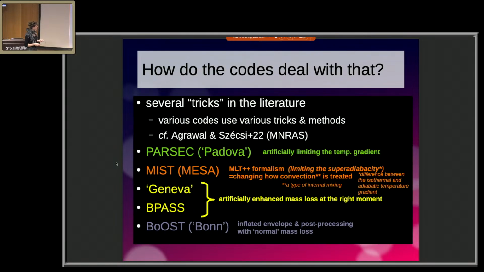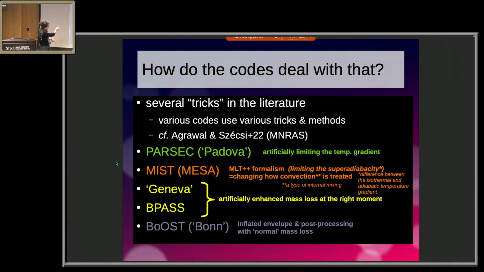So how do the codes deal with this numerical difficulty? We found that various codes treat this using various tricks, pragmatic solutions, I would say. For example, in the Padova models, they artificially limit the temperature gradient, which is a pragmatic solution. It works, sure.